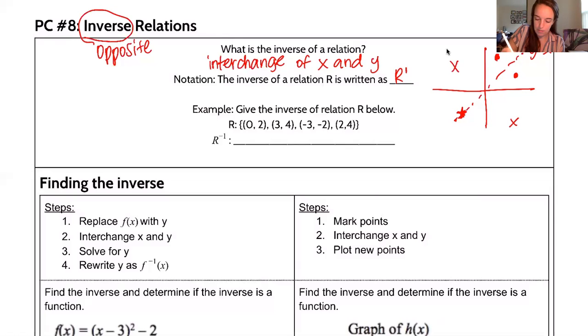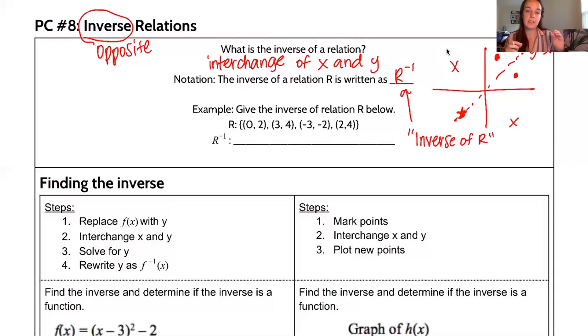So, you know what? I totally messed up. This should be r^-1, like that. We don't really say to the power of -1. That's not really what it means. It just means the inverse of r, right? So we read this as the inverse of r, like that.